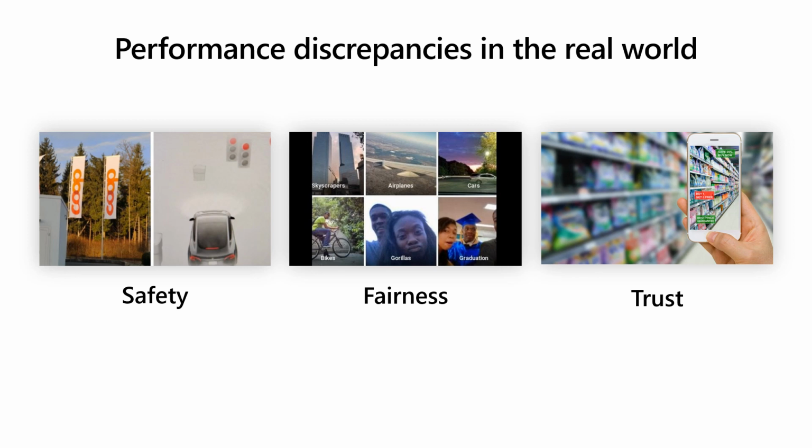These may become safety issues in the case of a self-driving car that is not able to detect traffic lights, or they may become fairness concerns if the model discriminates against certain population groups. And if safety or fairness are not at risk, lack of reliability for corner cases and unexpected conditions can become a trust issue if the system suddenly fails unexpectedly.